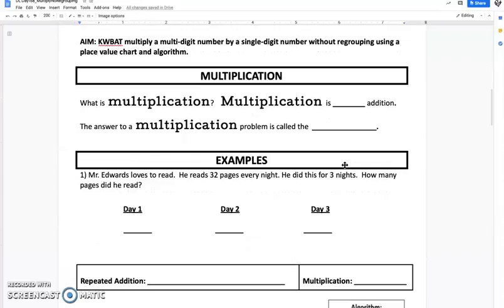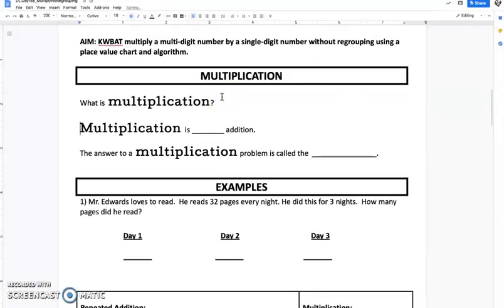Now, today's aim will be: Kipsters will be able to multiply a multi-digit number by a single-digit number without regrouping using a place value chart and algorithm. Now, we know what multiplication is, so we can go ahead and answer that.